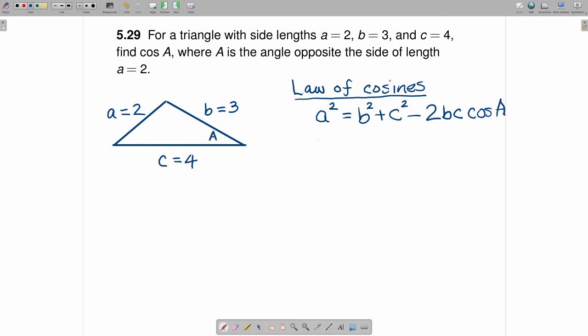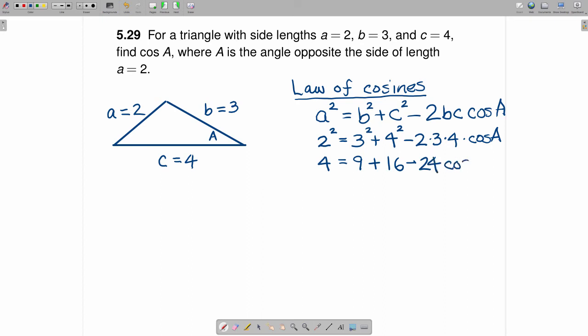First of all, little a is equal to 2, so we have 2 squared is equal to b squared, and that's going to be 3 squared, plus 4 squared, minus 2 times 3 times 4 times the cosine of A. Squaring those out, you have 4 is equal to 9 plus 16 minus 24 times the cosine of A. What we'd like to do now is combine a lot of these terms.